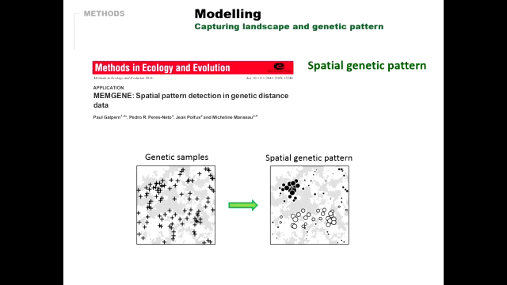I don't know if you can see it very well in this room, but these gray areas are non-habitat in this model. They're areas that might slow the movement of our animals. And these patterns, following the simulation, emerge where you see clusters of genetic relatedness or genetic signal, which we can then relate back to the environment that created it. More on that in a minute.